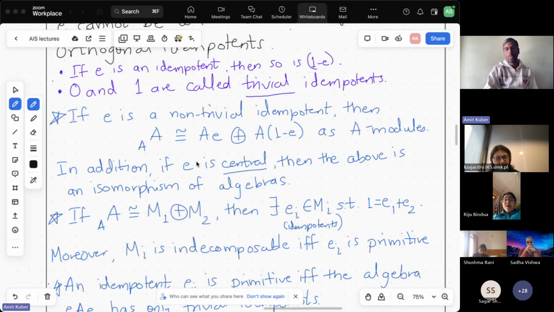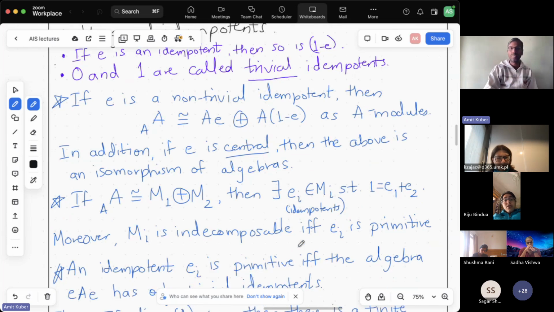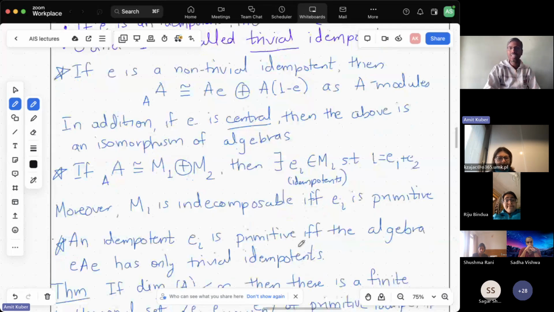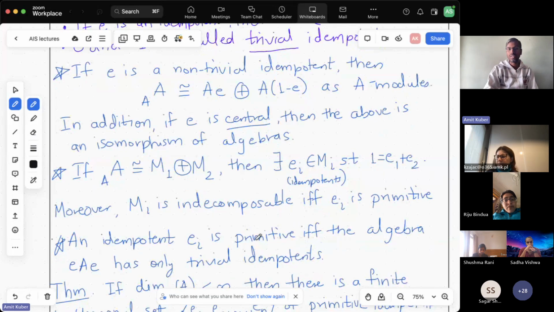I'm not going to prove these results, but hopefully you can believe that indecomposability has to do with primitivity. How do you check whether some idempotent is primitive or not? This is a necessary and sufficient condition: e_i is primitive if and only if the algebra e_i A e_i has only trivial idempotents.